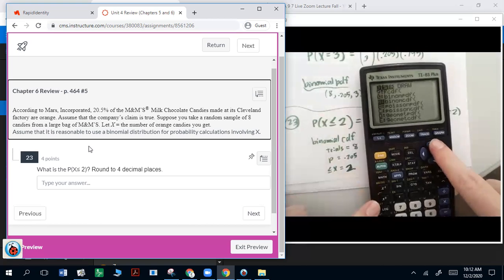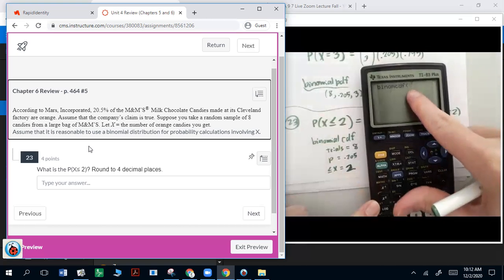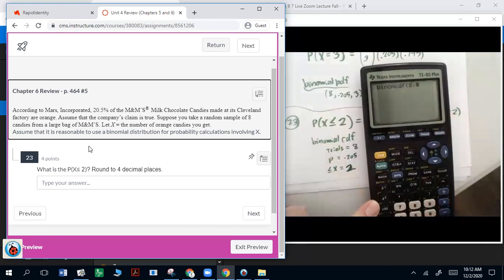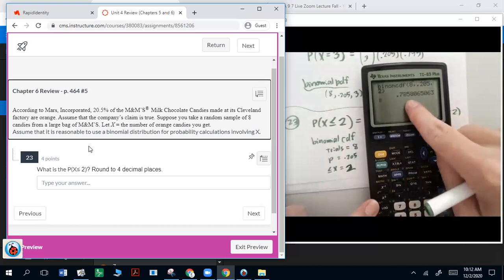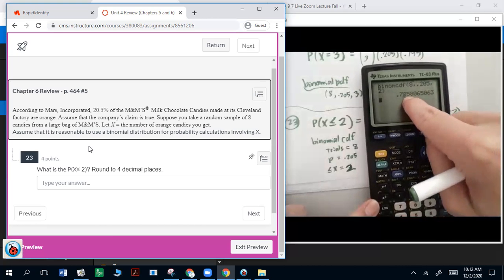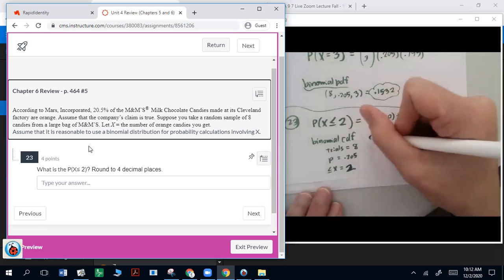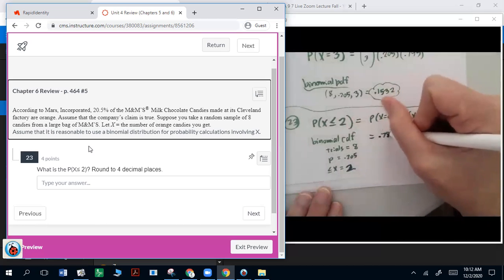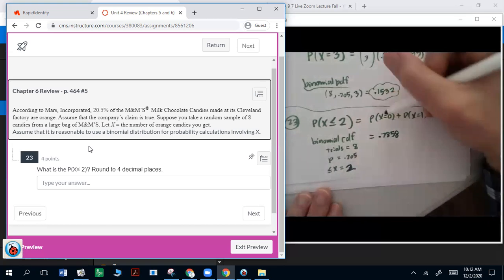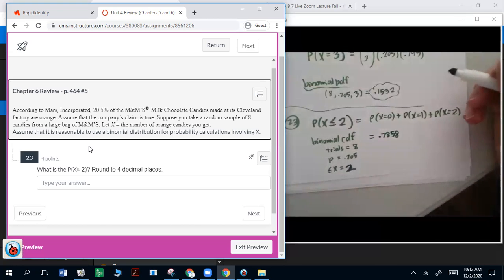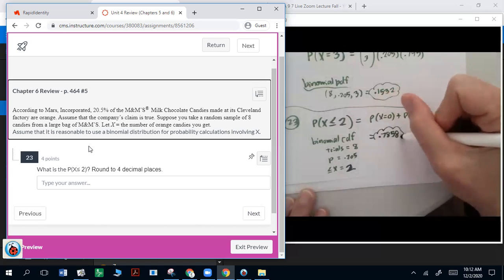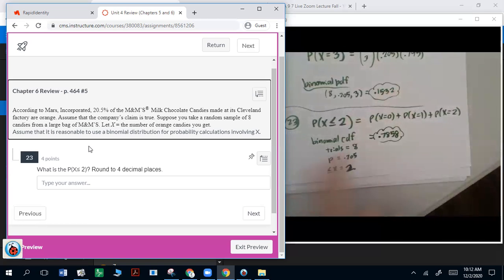So go to binomial CDF. 8 trials, comma, 0.205 is your probability. 2 or less, so it's going to combine the 2, 1, and none of them, and that's going to be 0.7858. And again, you could do 3 binomial PDFs and add them together if you prefer, but that's a little bit more work.